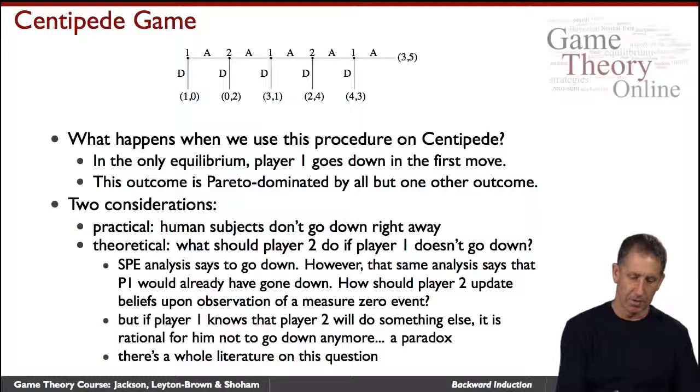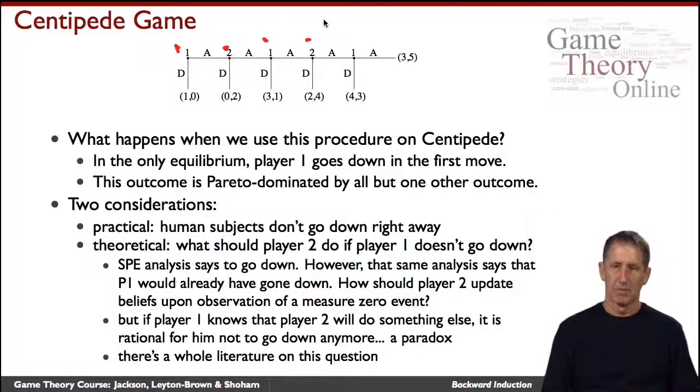We have player 1 moving, and then player 2 moving, and then player 1 again, and player 2, and so on and so forth. But the payoffs are constructed in a contrived way so that they're gradually increasing, and it's called a centipede because you can imagine rather than have only 5 legs here, you'd have 100.